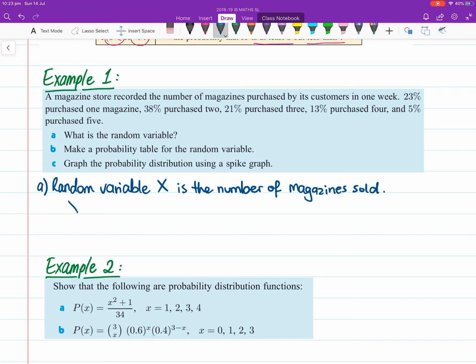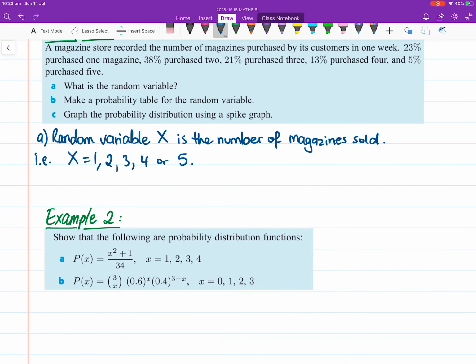That is x equals 1, 2, 3, 4, or 5. It doesn't mention any percentage buying 0 magazines, so I think it's got to be 1 to 5. Okay.